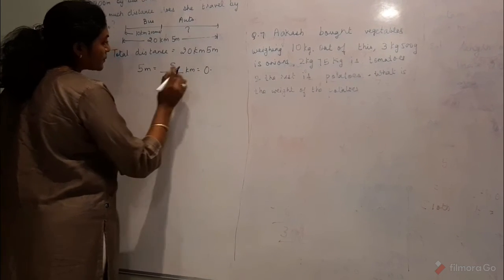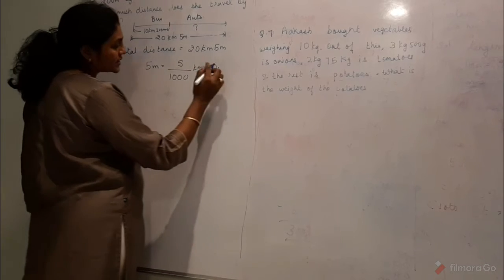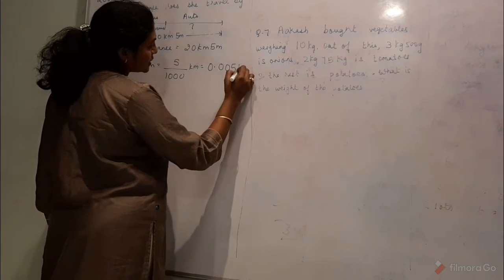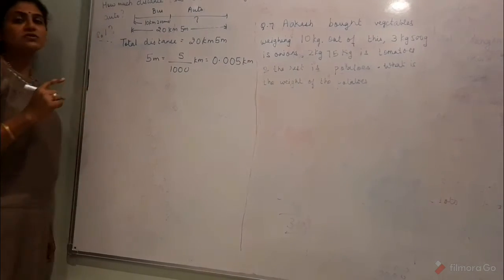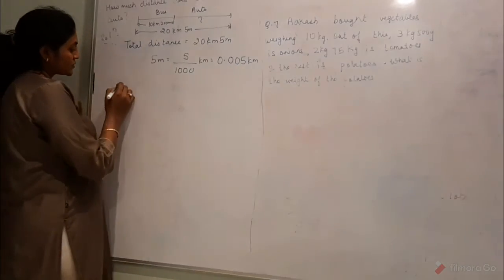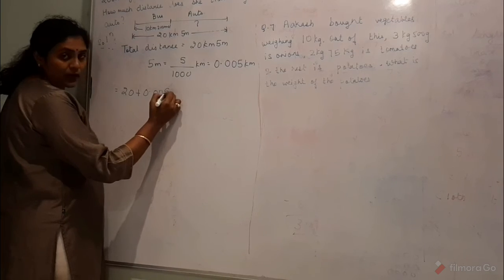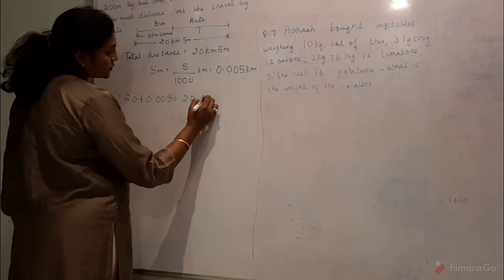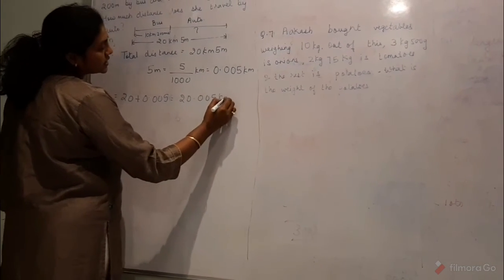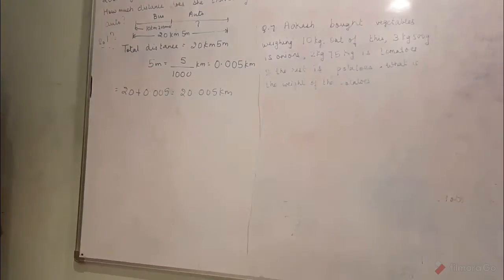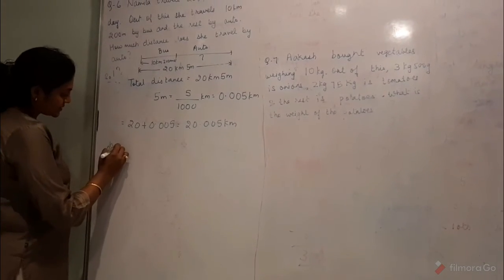If you convert it into decimal, up to 3 decimals, this will be 0.005 kilometer. So this will be 20 plus 0.005, this is 20.005 kilometer. Now distance traveled by bus.